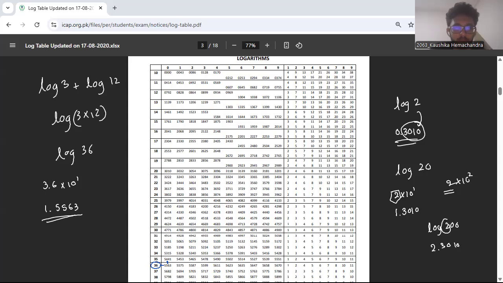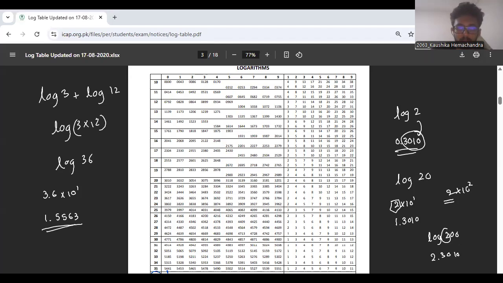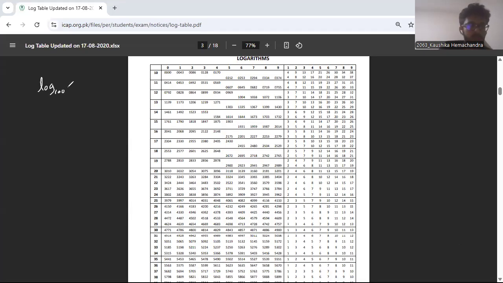Yes, none of you have sent it. Do the next one, log 100 minus log 4. I'll keep the logbook open because I feel like you don't have any logbooks with you. Log 100, 100 is here, minus log 4.